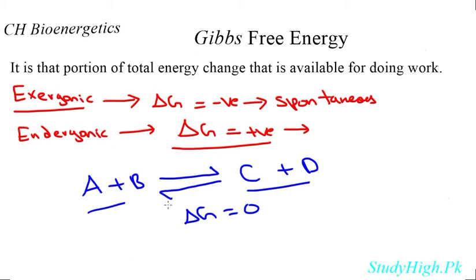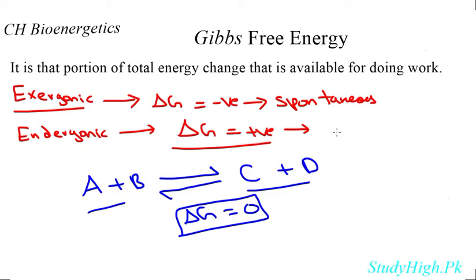So if someone asks you what the Gibbs free energy is when a chemical reaction attains chemical equilibrium, it is 0, because at this state the rate at which the reactants convert into products is equal to the rate at which the products convert into reactants. So there is overall no release or absorbance of energy. That's why Gibbs free energy at chemical equilibrium is 0.